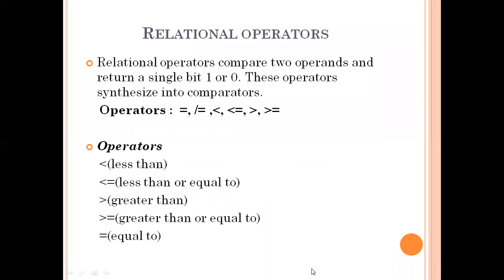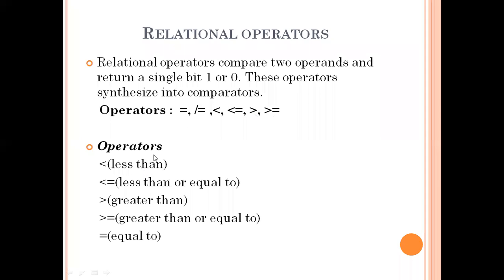Next are the relational operators. Relational operators compare two operands and return a single bit, 1 or 0. These operators synthesize into comparators, and these are the symbols for the operators. Equal to, then inequality, less than, less than or equal to, greater than, and greater than or equal to.